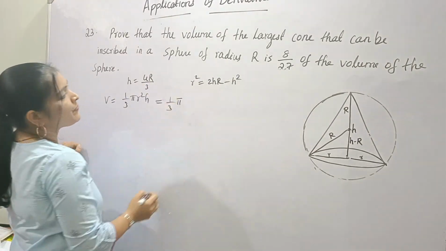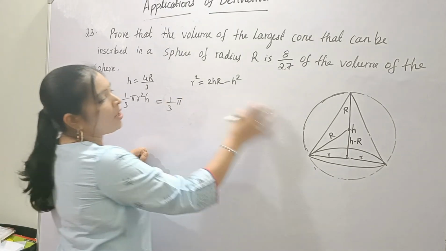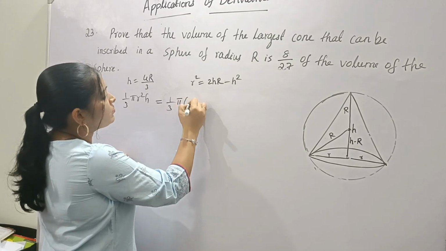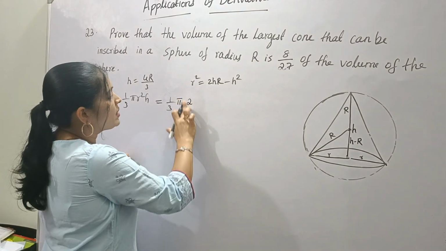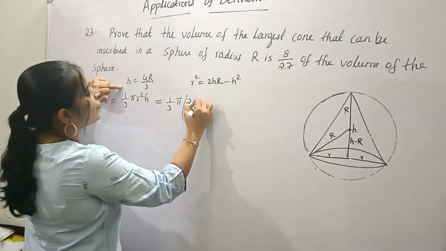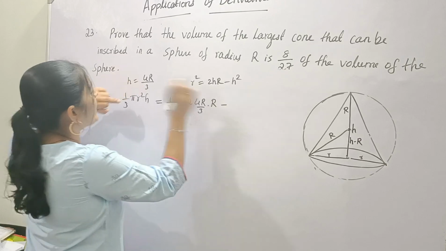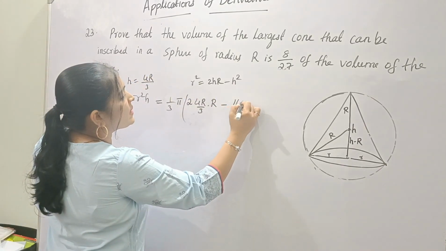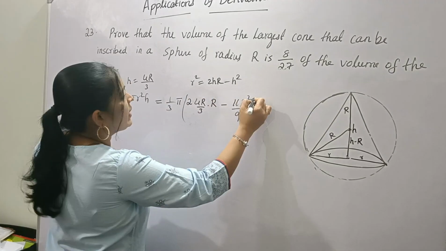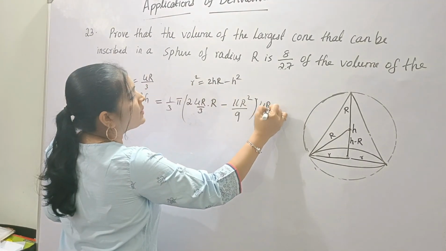1 by 3 pi. What is r square? Here r square, we have got it from the right angle triangle. That is r square is equal to 2hr minus h square. Here also we have to substitute h, which is 4r by 3, into r minus h square, that is 16r square divided by 9, into h, which is 4r by 3.